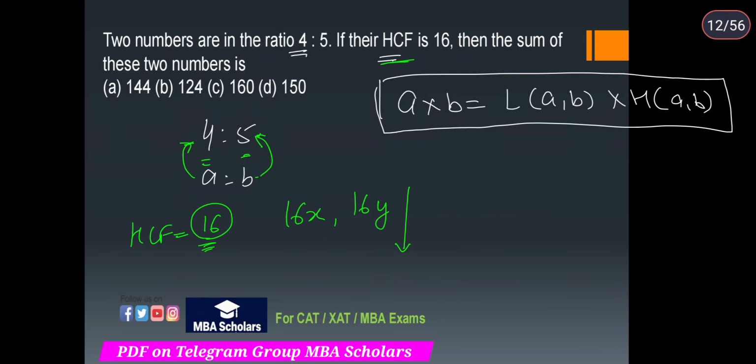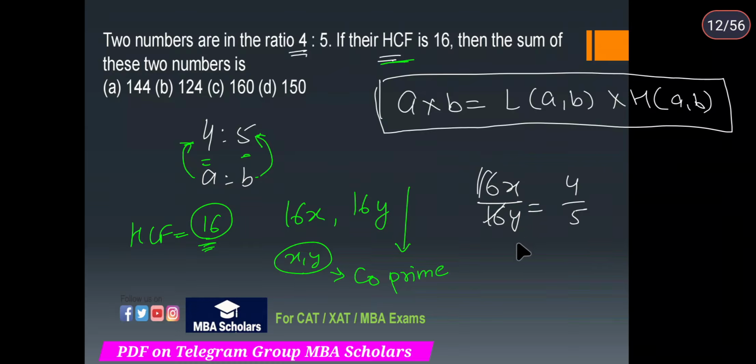I hope it is clear, right. बिकॉज़ 16 तो कम से कम उसमें आएगा कॉमन पार्ट में, उसके बाद x y जो है वो co-prime होंगे, right. तो now if the ratio of that is 16x:16y it is nothing but 4:5. So I can say ये 4 और 5 का रेशियो मेंटेन करेंगे x and y, right. चलो ये भी समझ में आ गया.